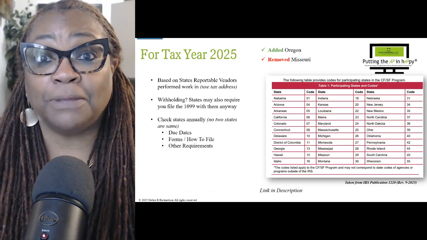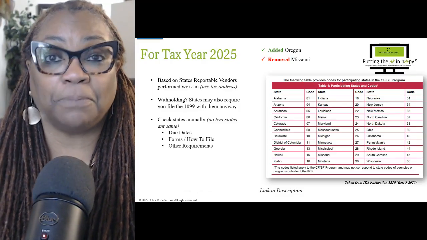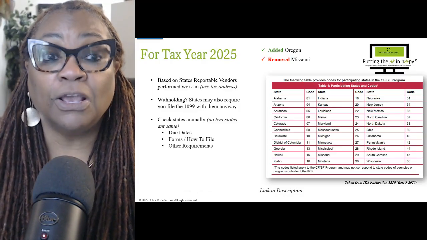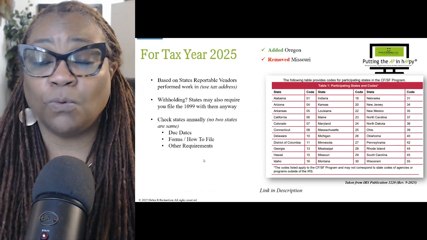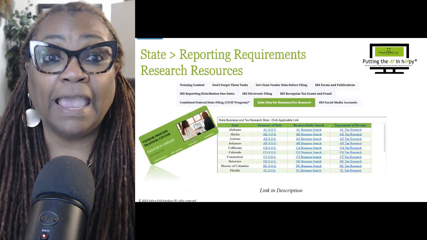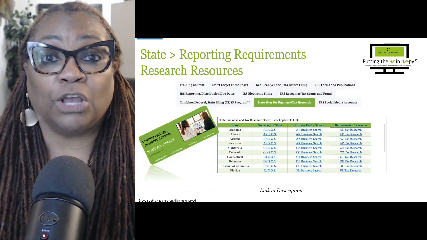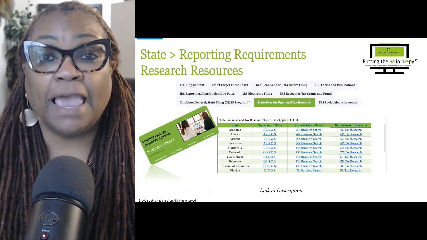And so they had to publish two revisions that year. So I would say keep checking with Publication 1220 all the way up to the time that you need to file.